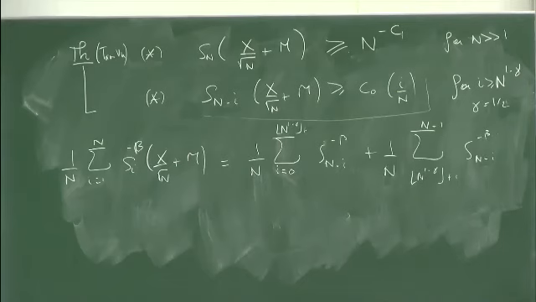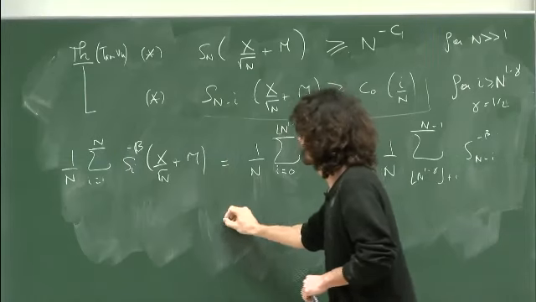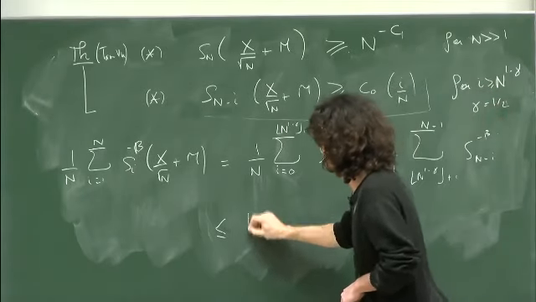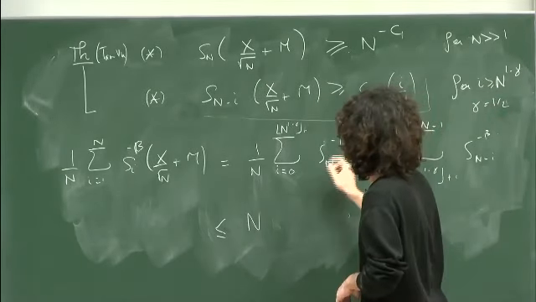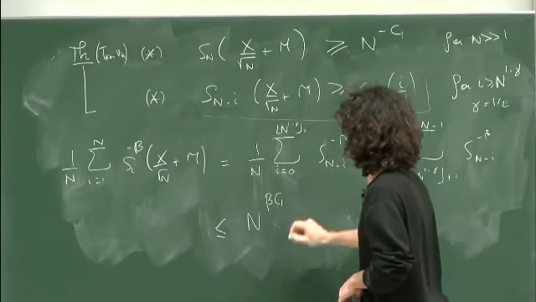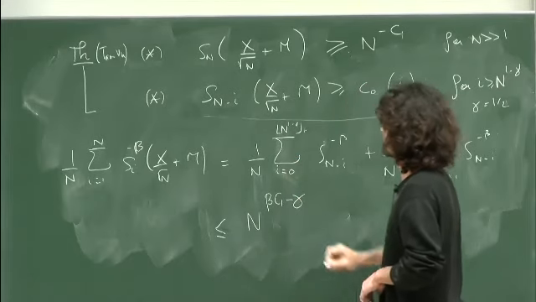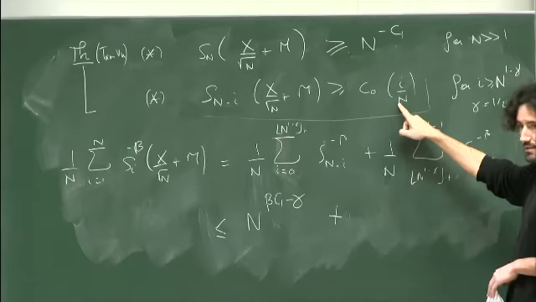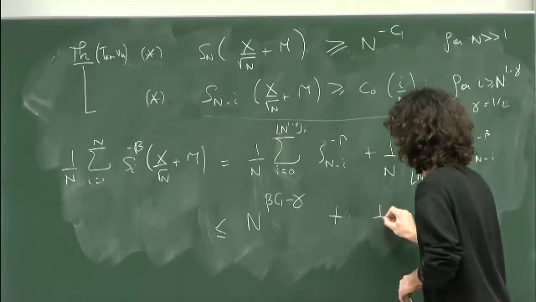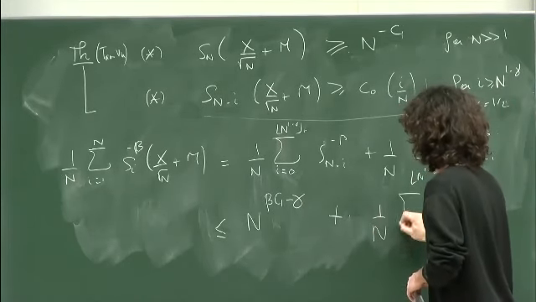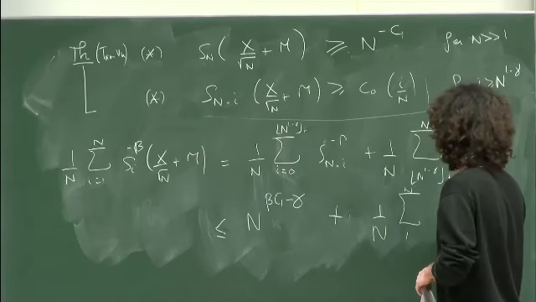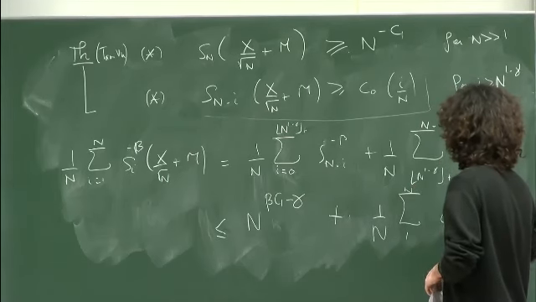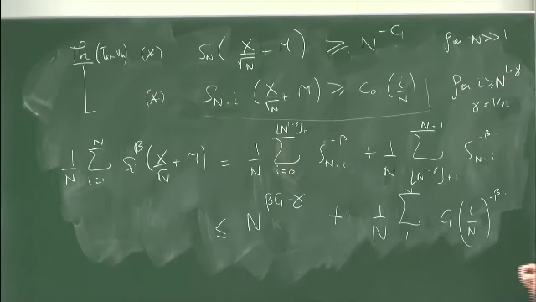You get n power beta c1 minus gamma. And this one you bound by this one; I just do elementary things, and you get a constant.